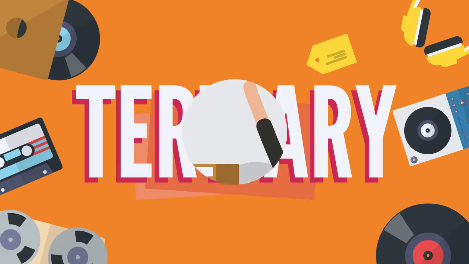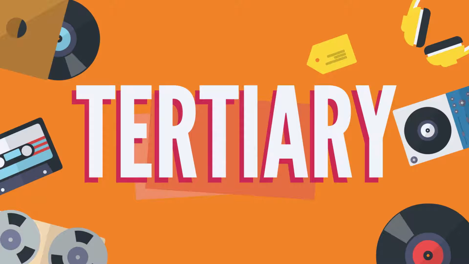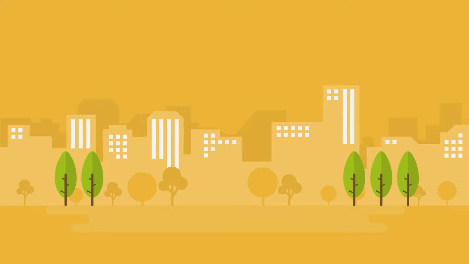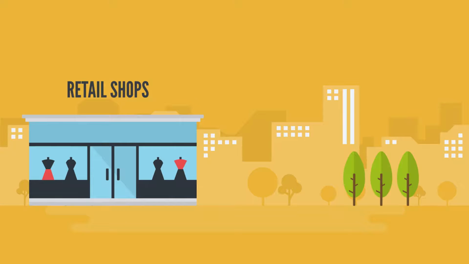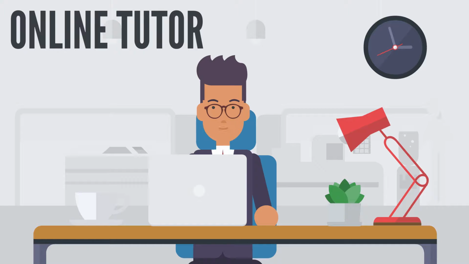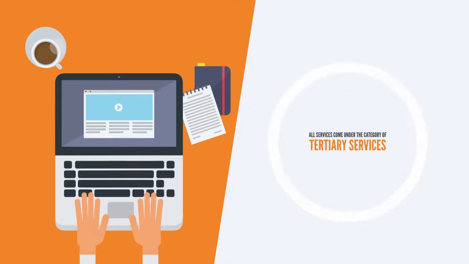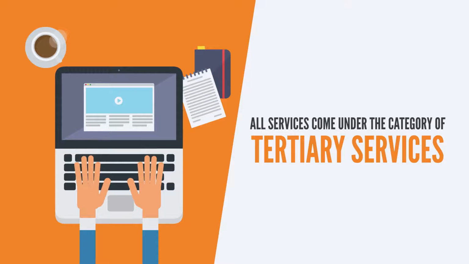And then there is tertiary. Examples of tertiary include retail, shops, online teaching. As seen in this video, an online tutor is teaching, providing a service. All services come under the category of tertiary services.